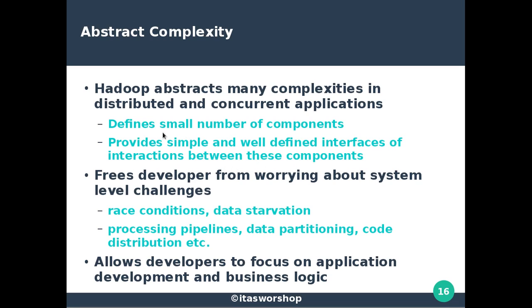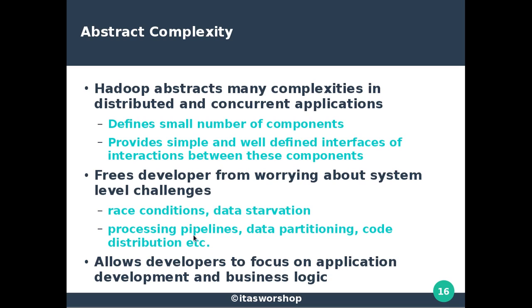So we are just writing our mappers and reducers, and the Hadoop framework is taking care of how the mapper is communicating with the reducer. That frees the developer from worrying about system level changes. We can just focus on application development and business logic.